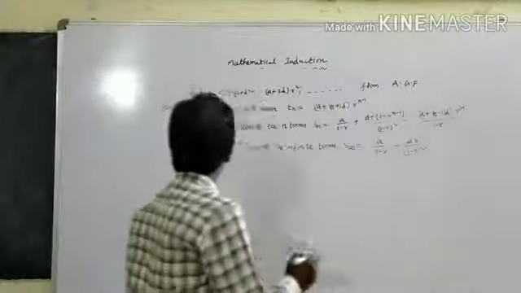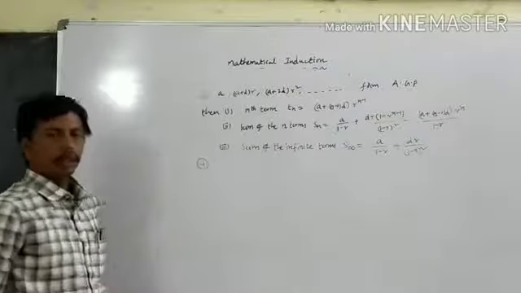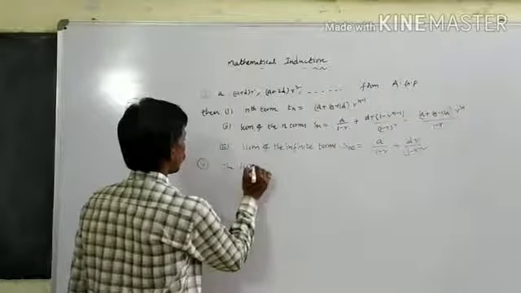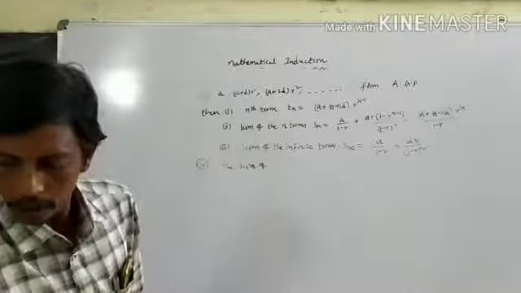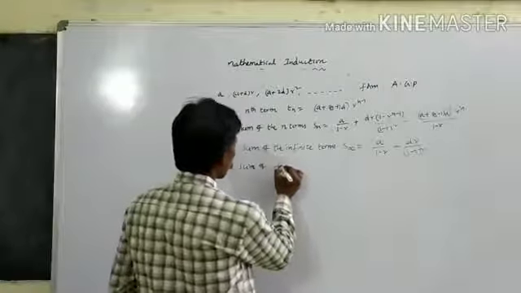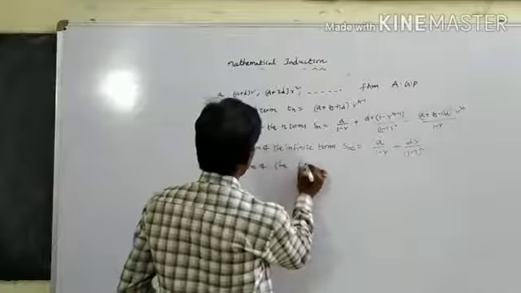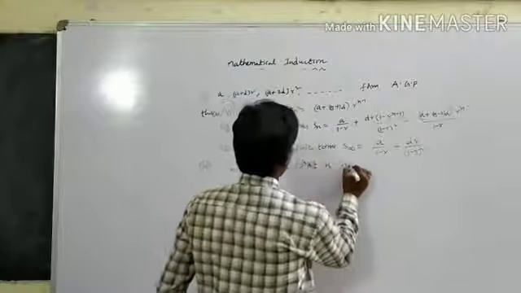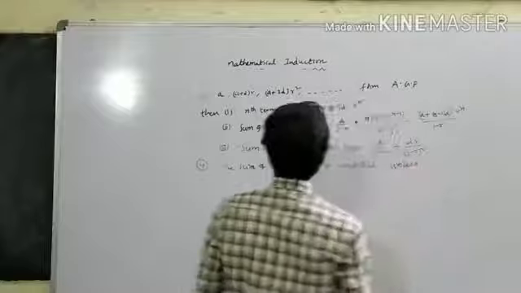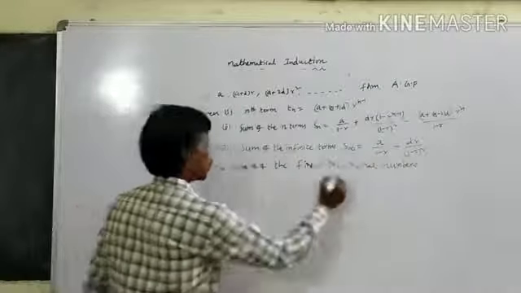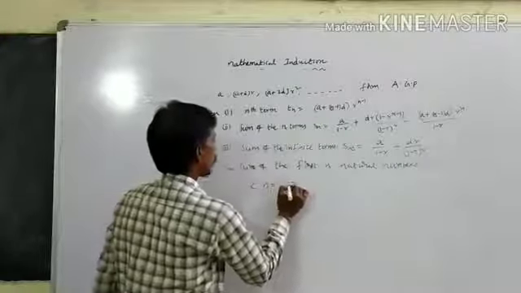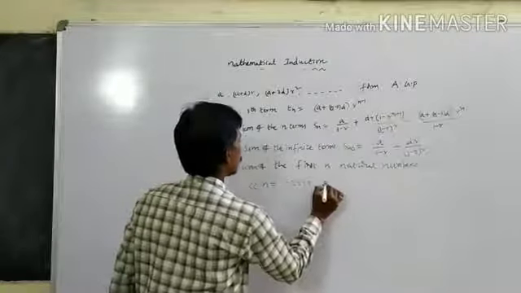Now the fourth one, the sum of the first n natural numbers, that is sigma n, that is 1 plus 2 plus 3 and so on plus n.